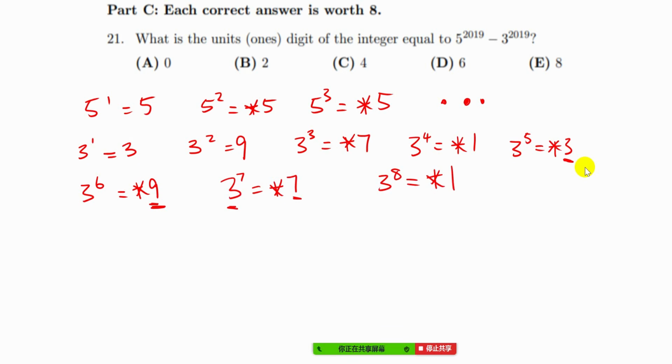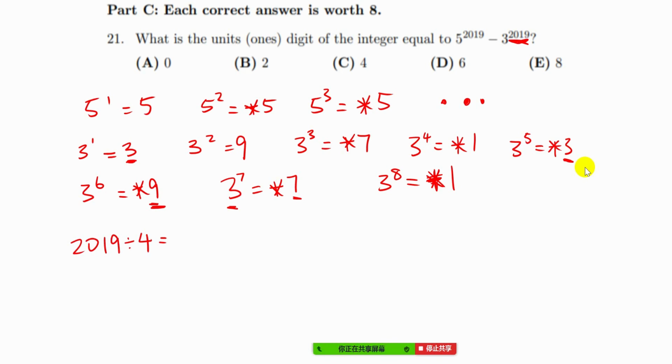So we know that there is a loop of 3, 9, 7, 1 on the ones digit, and the loop repeats every 4 numbers. So we want to know which ones digit the 2019th power would have. So we do 2019 divided by 4. If this has a remainder of 1, then it would have a units digit of 3.